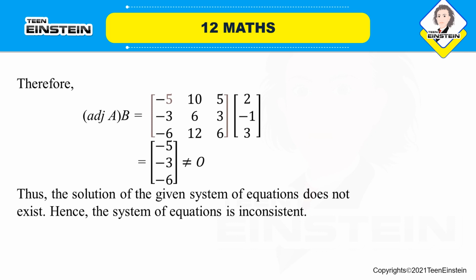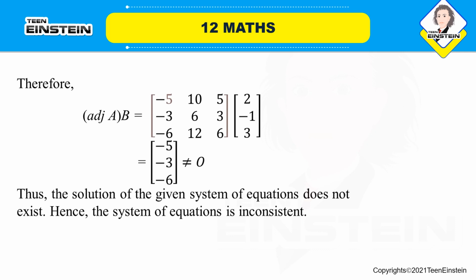In the previous video, we explained how to find adjoint A. Adjoint A is the transpose of the cofactor matrix. We need to find all the cofactors of the elements A11, A12, A13, A21, A22, A23, A31, A32, A33.